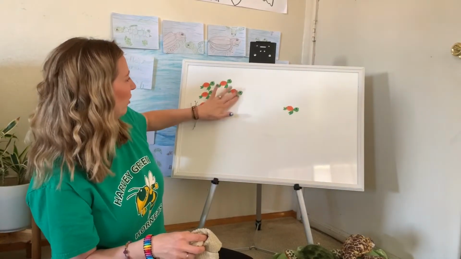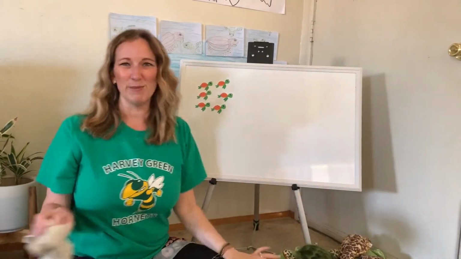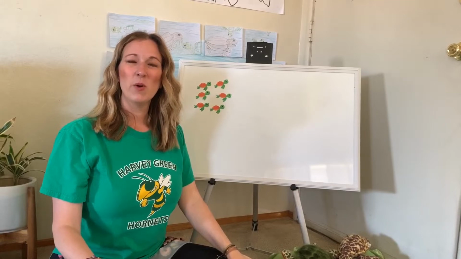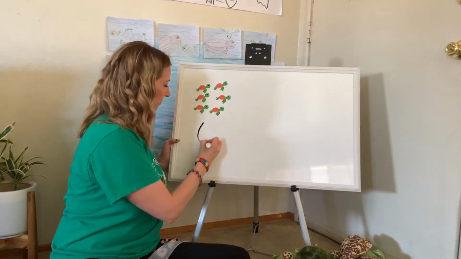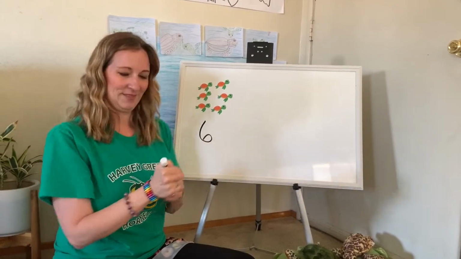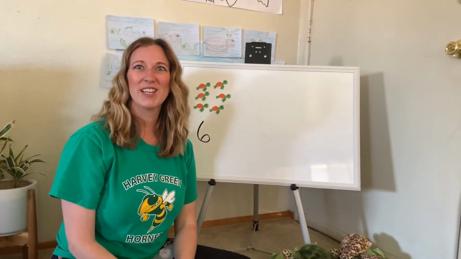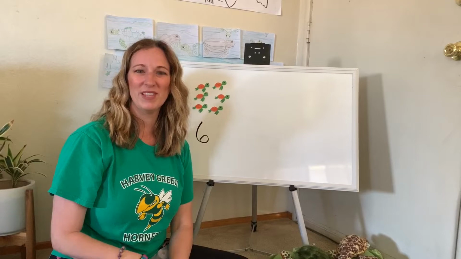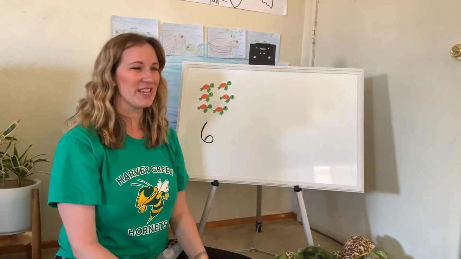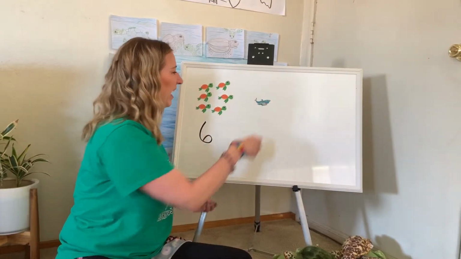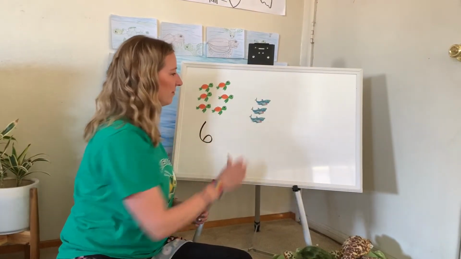All right, let's try another one. You're doing a great job, but I'm going to bring in some different animals now. We have 6 sea turtles. Not just some, 3 sharks come to hang out with the sea turtles.